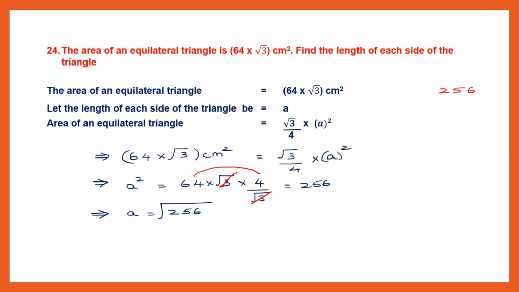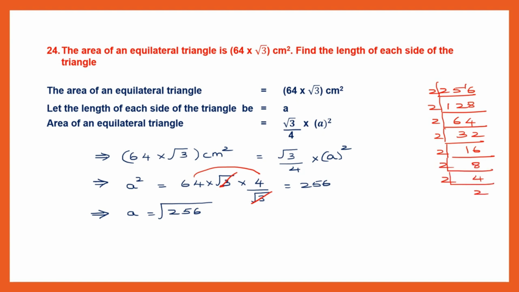So let's begin. 2 ones are 2, 2 twos are 4, there's 1 left, 2 eights are 16. Then we have 12, 2 sixes are 12, 2 fours are 8, 2 threes are 6, 2 twos are 4, 2 into 16 is 32, 2 into 8 is 16, 2 fours are 8, 2 twos are 4, and 2 ones are 2.